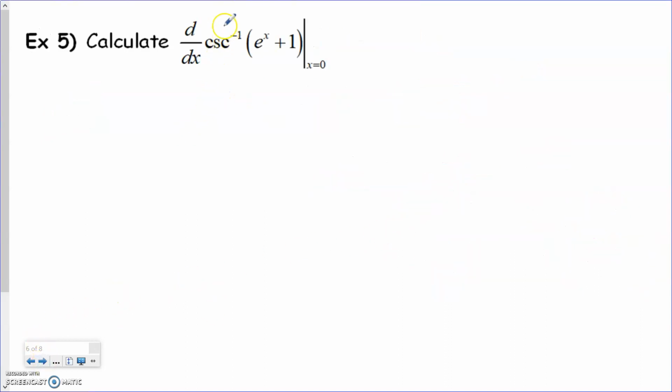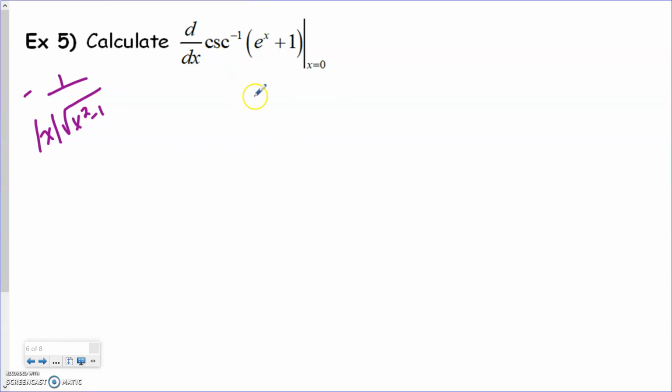Okay, last one, inverse cosecant. The formula here is negative 1 over the absolute value of x times the square root of x squared minus 1.